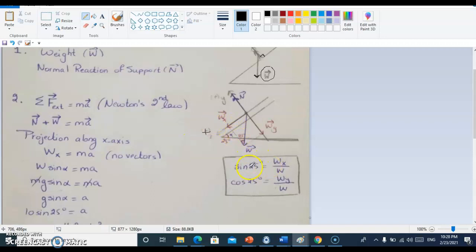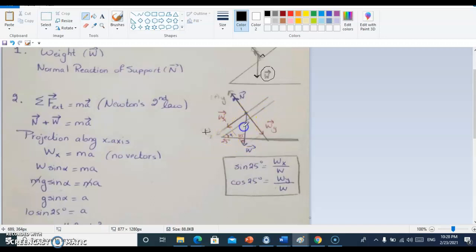Aside, as you can see, doing some geometric analysis: if the angle of the inclined plane is 25 degrees, and you consider this triangle here, this is 90, so this angle is not the 25, it is the complementary, and these lines are parallel to each other.